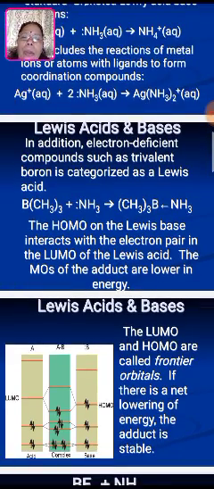The HOMO on the Lewis base interacts with the electron pair in the LUMO of the Lewis acid. The molecular orbitals of the adduct are lower in energy, and both are frontier orbitals. If there is a net lowering of energy, the adduct is stable.